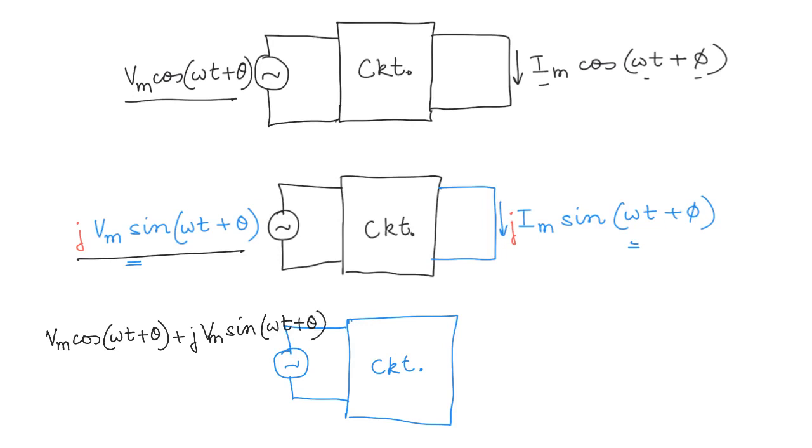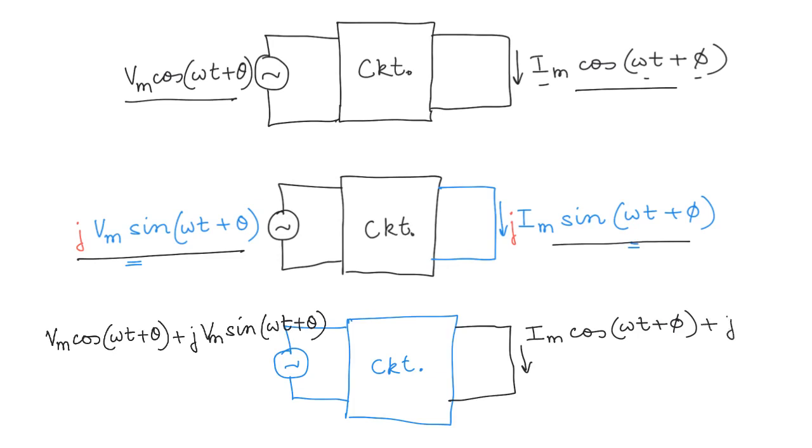If I do that, what is my output going to be? My output is going to be the sum of the output here plus the output here, right? So my output is going to be Im cos(omega t plus phi) plus j Im sin(omega t plus phi).